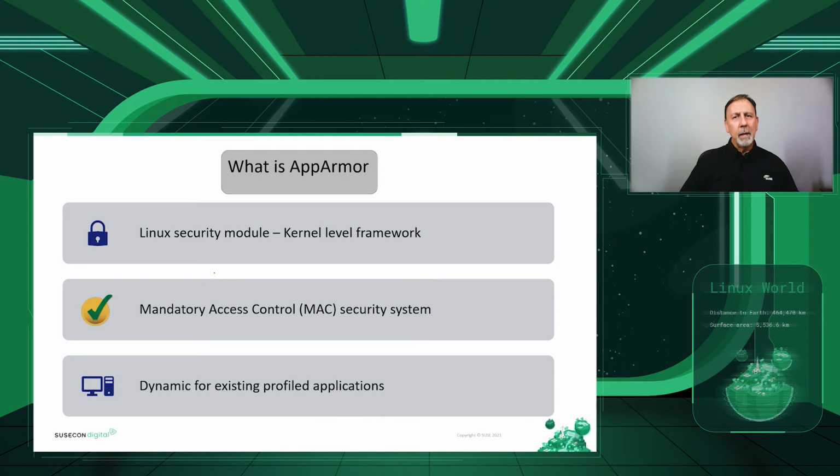Discretionary systems typically rely on the identity of a user or the properties of a file or an attribute of a file or a directory somewhere to determine what the security application should be. Mandatory access control systems look at, and in our case, AppArmor looks at a profile irrespective of the user or the directory.